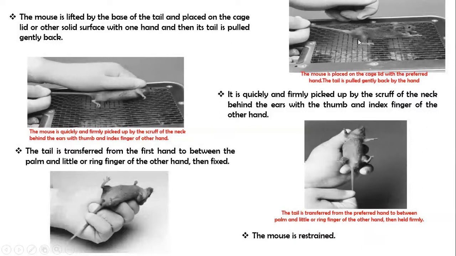Next, it is quickly and firmly picked up by the scruff of the neck behind the ears with the thumb and the index finger of the hand. Next, the tail is transferred from the first hand to between the palm and the little or ring finger of the other hand, and then fixed. And last, the mouse is restrained.